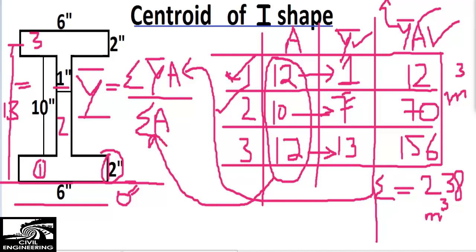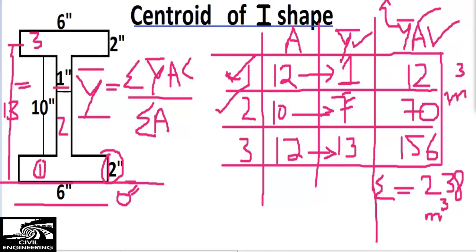So we will find the centroid of the whole I-shaped object. So I will erase this object to remove the confusion, alright? The summation of the area will be 10 plus 12 plus 12, it means 34, and the unit of area is meter square, so meter square.